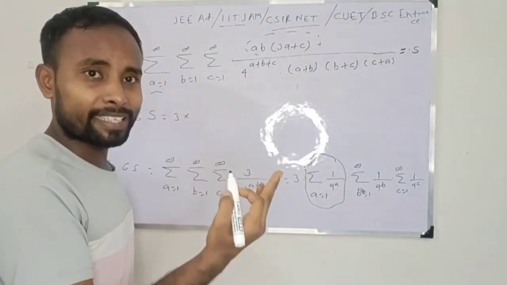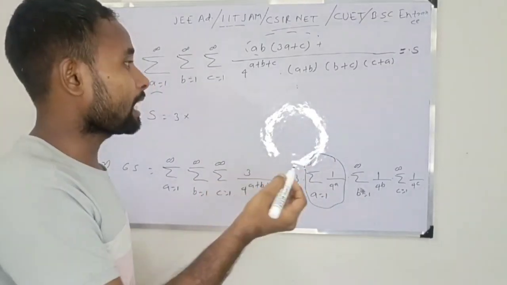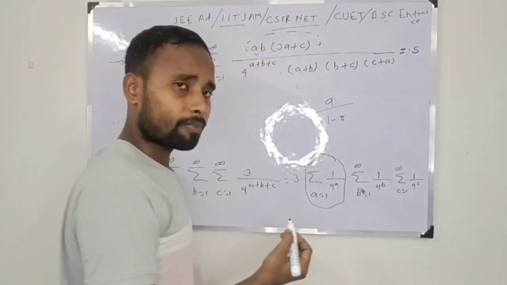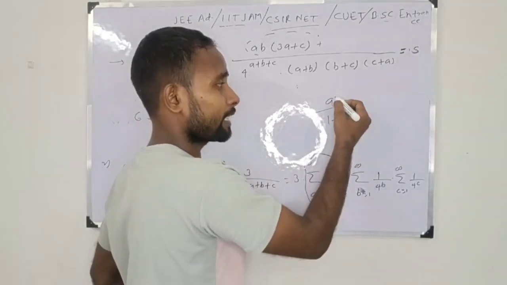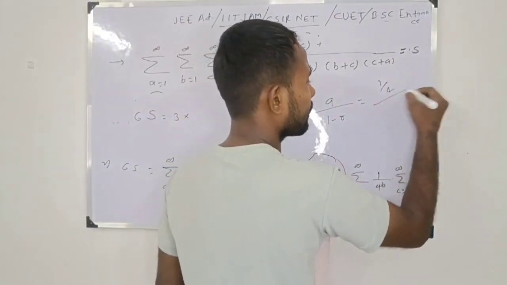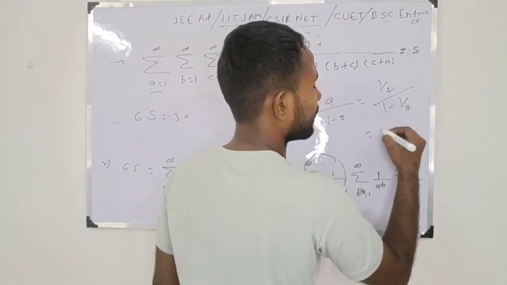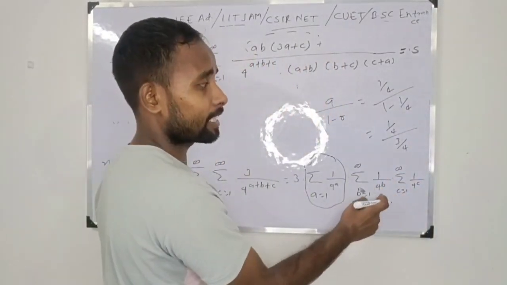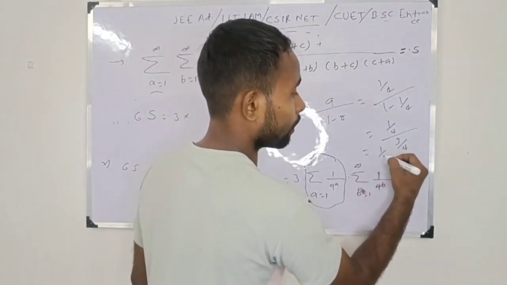If you take up to infinity terms, definitely you will say a upon 1 minus r, where r is your geometric ratio. The first term is 1/4, so you can calculate 1/4 divided by 3/4, which gives 1/3.